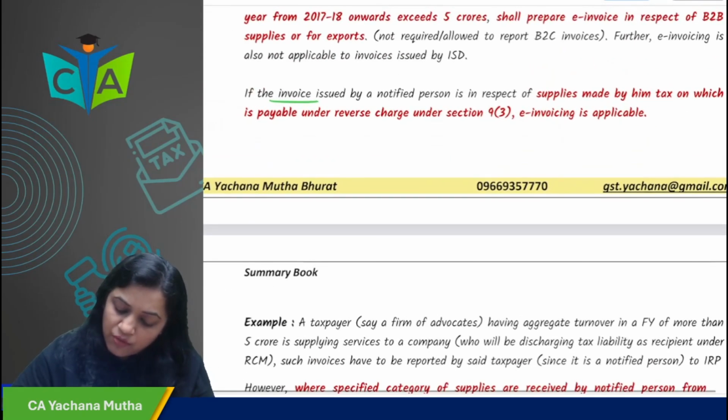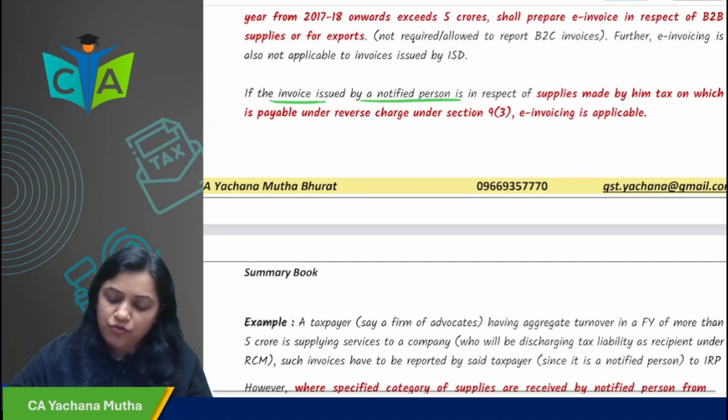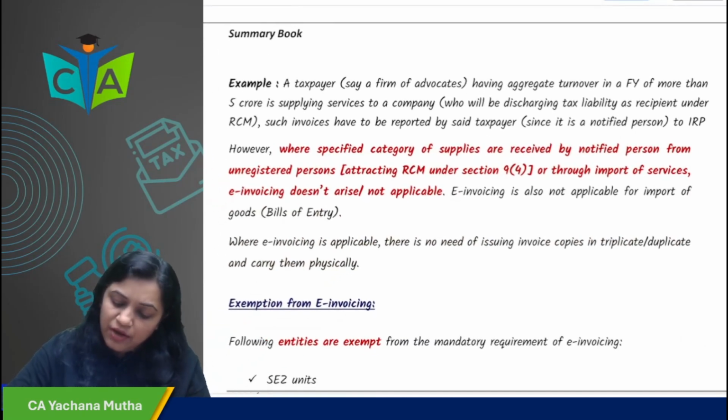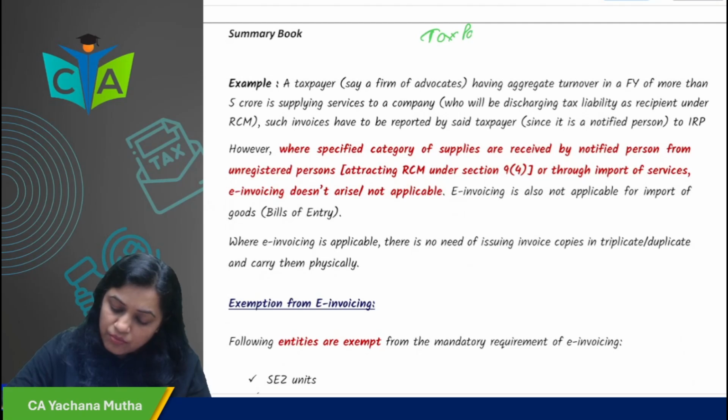We'll see. So now, if the invoice is issued by a notified person, in respect of supply made by him, the tax on which is payable under reverse charge, e-invoicing is applicable. So for example, you are a lawyer, an advocate.